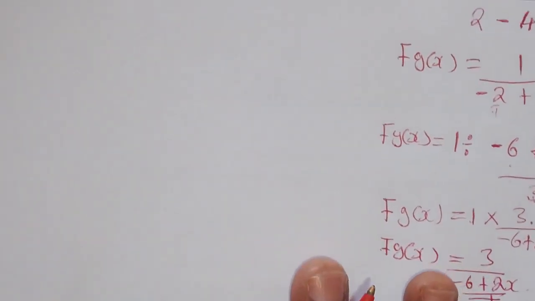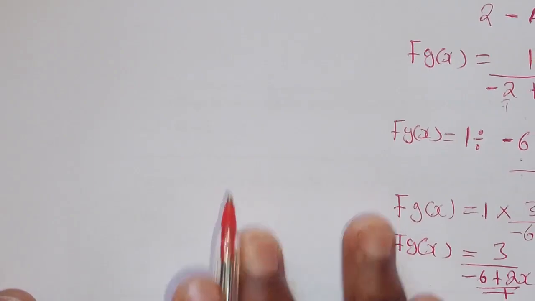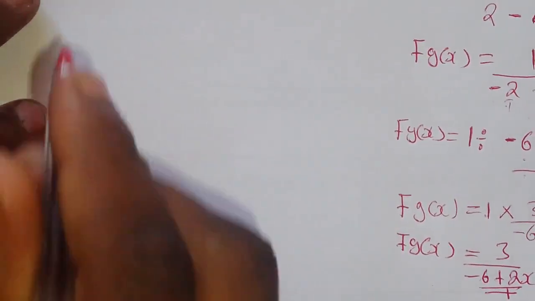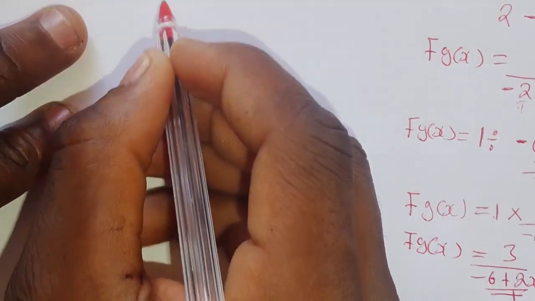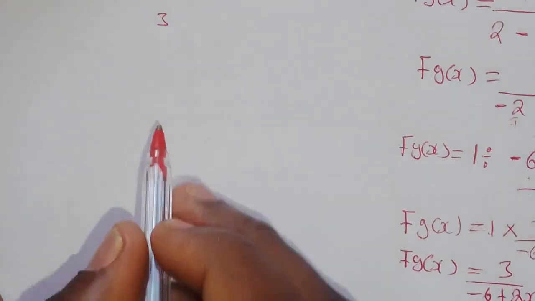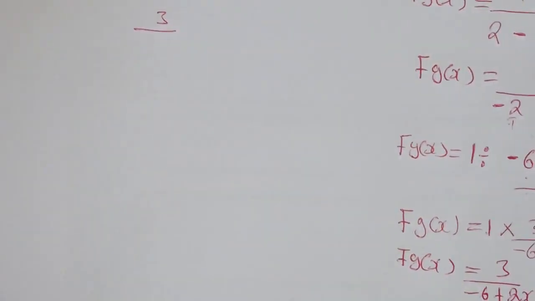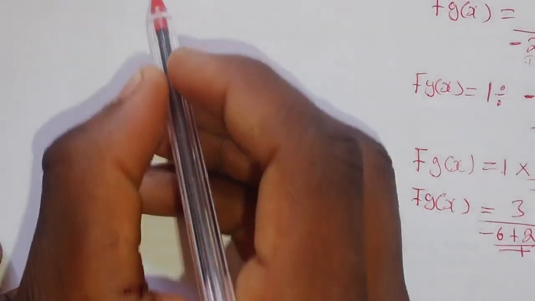So let's have our fg of x here, which is 3 over our fg of x, which is negative 6 plus 2x.